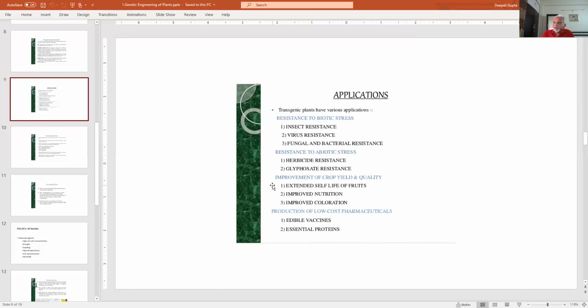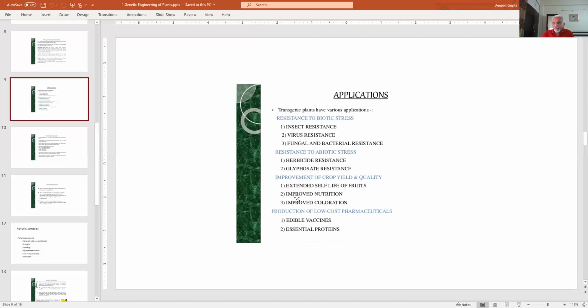And then we can also apply transgenic biology for improvement of crop yield and quality. For example, extending shelf life of fruits, like tomato, as I mentioned, and there are others where it has been successfully applied.